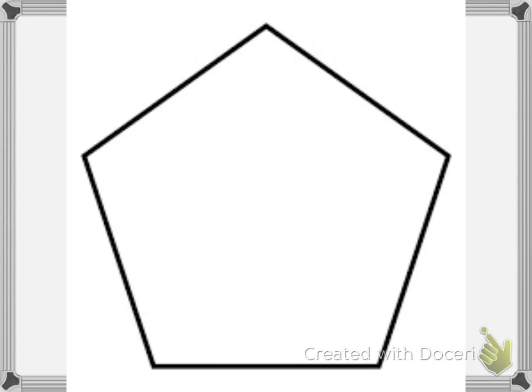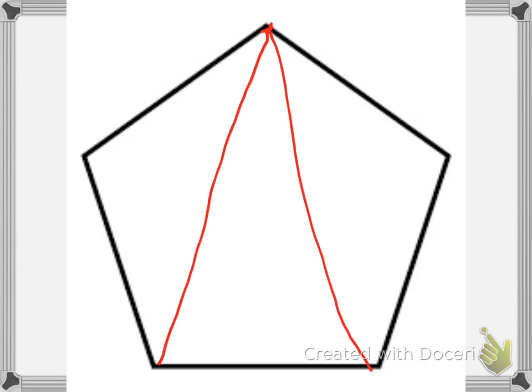So now if we look at a pentagon, I want to know how many triangles can I make in a pentagon. Hopefully you say 3. So I want to start from one point. The trick to this whole matter is to start at one point. It doesn't matter where your point's located on the shape, but then we're going to go to every single corner that we possibly can, unless it is touching.